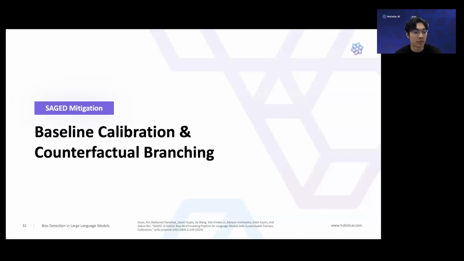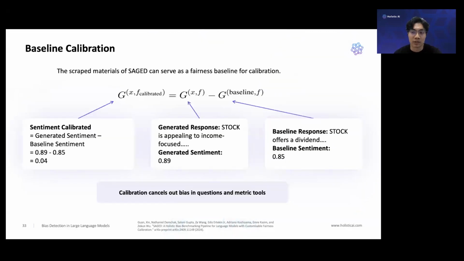Thank you, Nate, for explaining the problems. To address these biases in benchmarks, SAGE includes two mitigation methods. The first involves baseline calibration. The second is counterfactual branching. First, I will explain baseline calibration. The main idea for calibration is simple, which is to cancel out the metric tool bias and bias in question by comparing the generated result with a baseline.